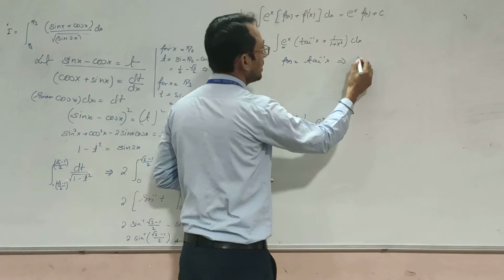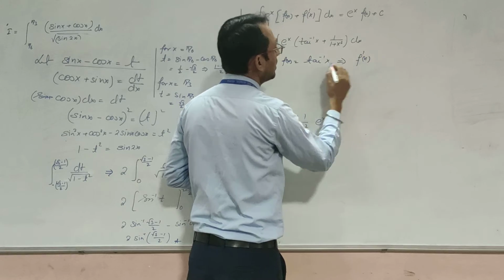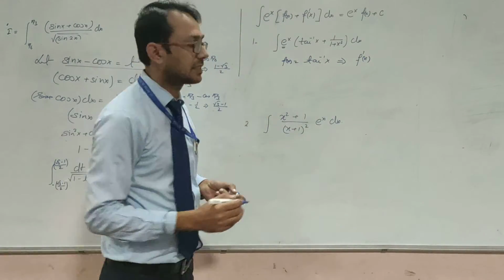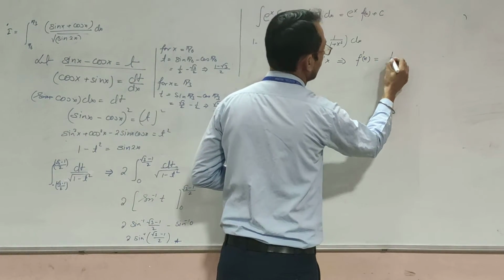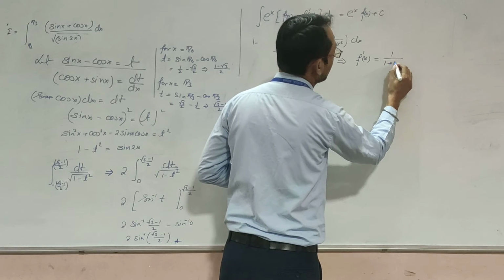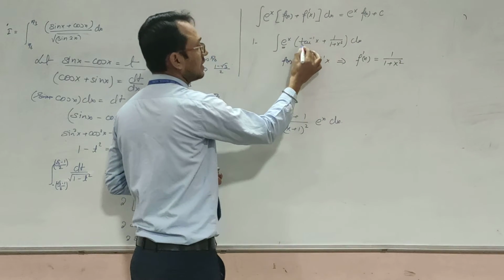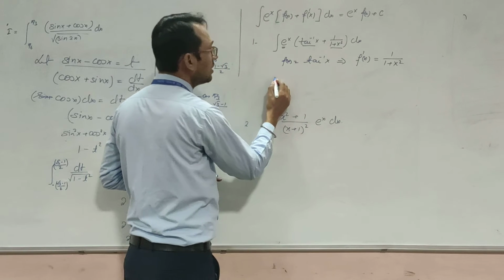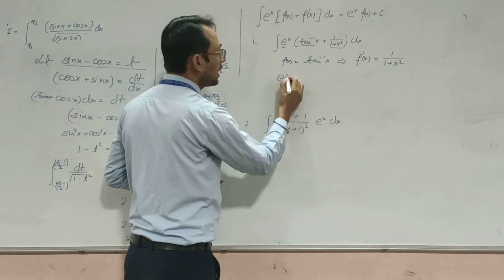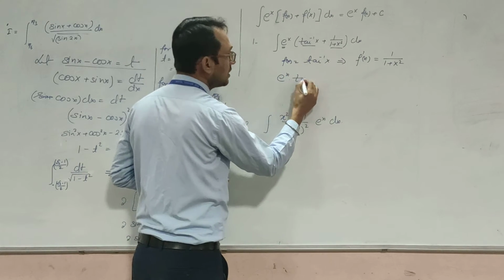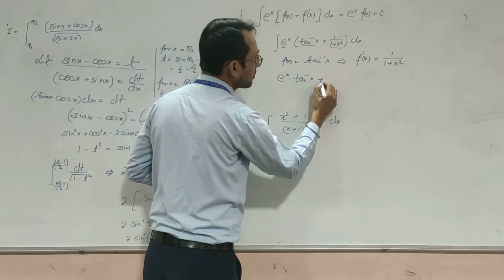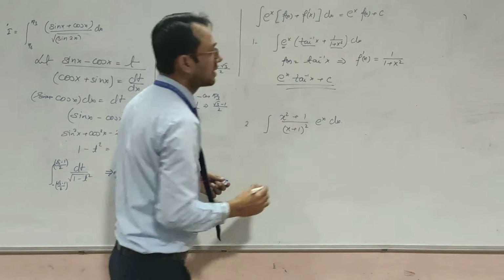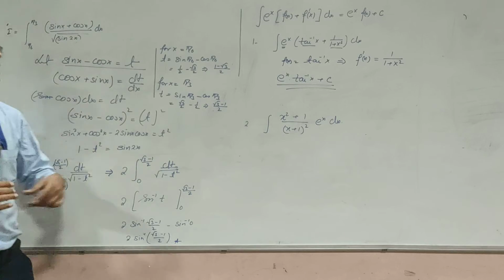That implies f dash x will be, what is the derivative of tan inverse x? It is 1 upon 1 plus x square. Yes, it is f(x), then it is f dash x. So its integral will be e to power x times f(x), that is tan inverse x, plus c.